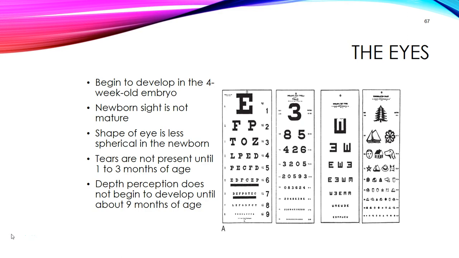They can't even see them. Babies do not actually produce tears until 1 to 3 months of age. So if they have tearing as a newborn, that's probably a sign that they have a blocked tear duct. It's not normal for them to have tears. And then they develop, it progresses throughout as they get older. By the time they hit 6 or 7 years of age is when they'll have that 20/20 vision.